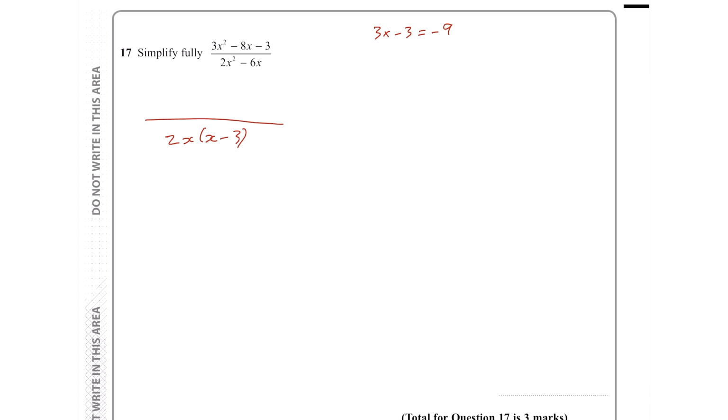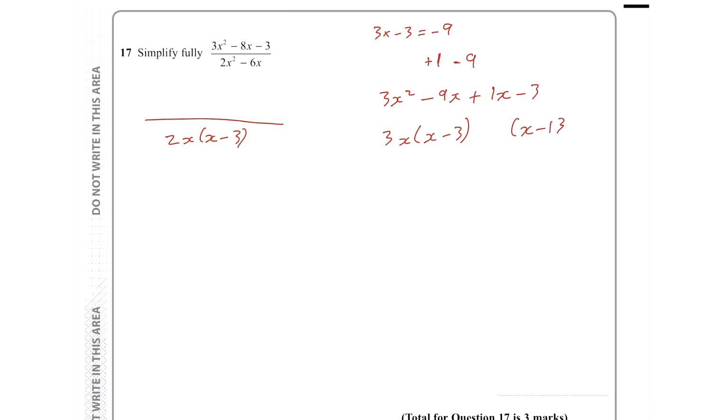That add or subtract to give us an 8, so that would be 1 and 9, and to get the minus 8, that must be minus 9 and plus 3. So we can then write that as 3x squared minus 9x plus 1x minus 3, and then that's 3x bracket x minus 3.